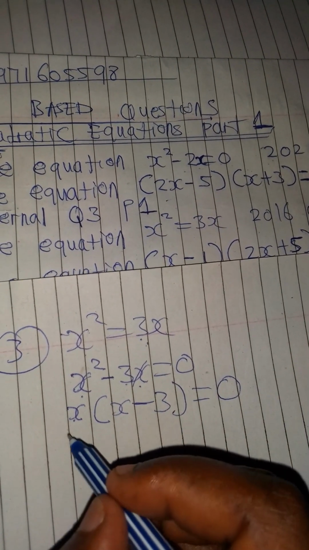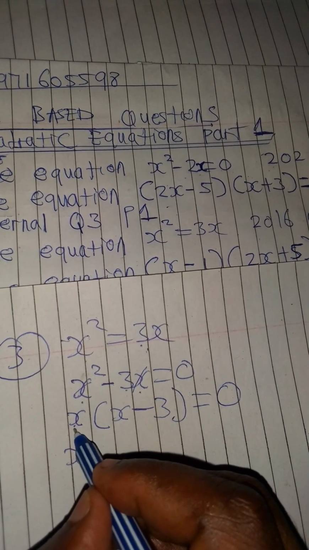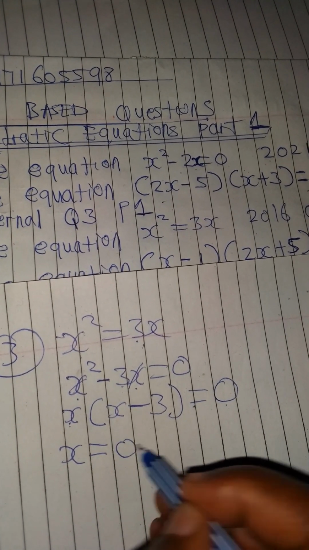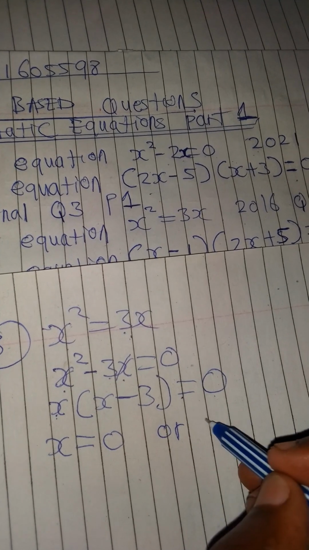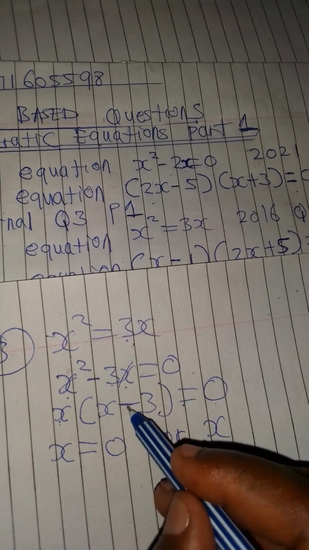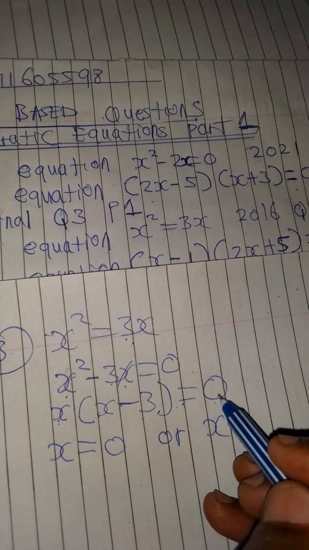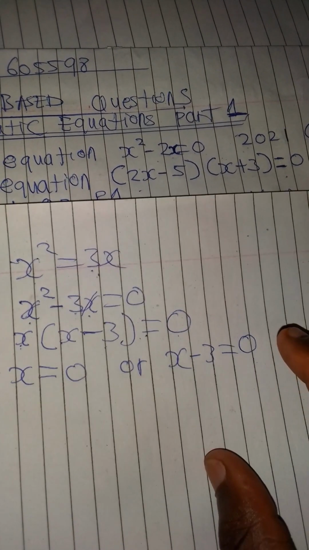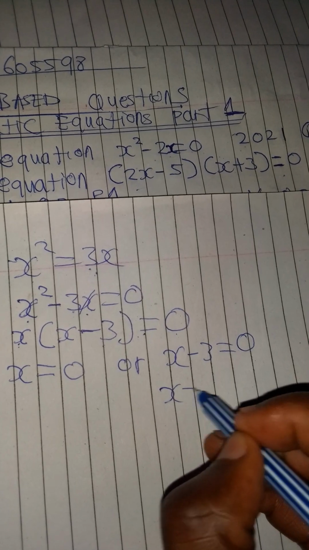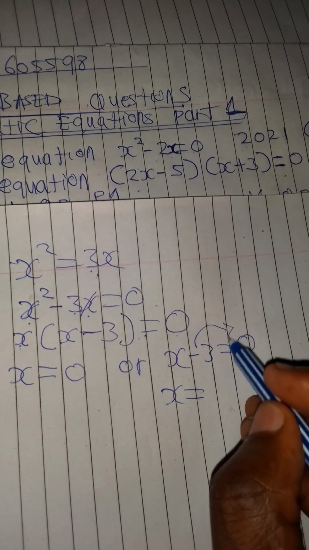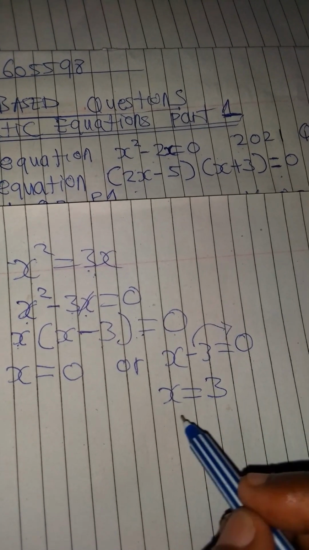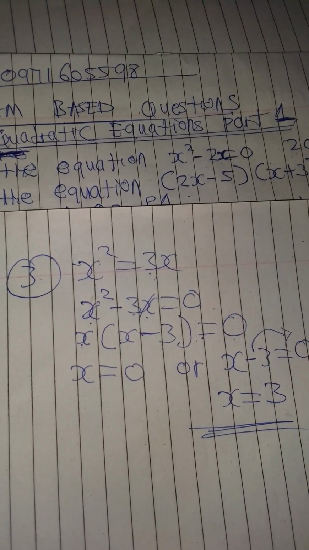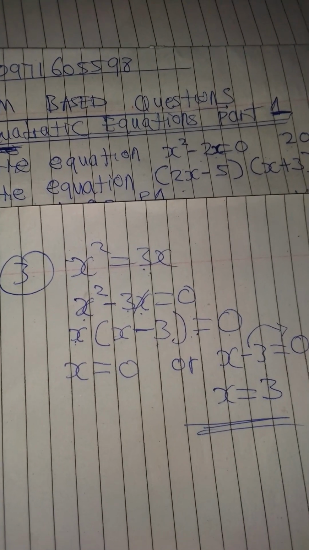From here, x equals 0, or x minus 3 equals 0. Then we solve. Our x will be equal to 3, which goes to the other side and becomes positive 3. So this is the solution for question 3.